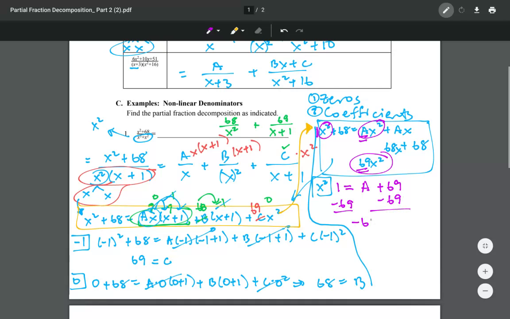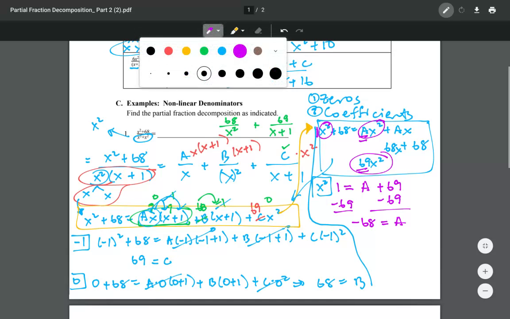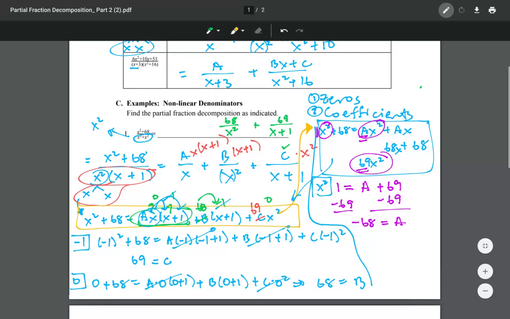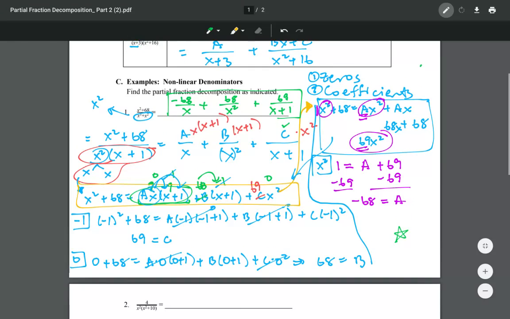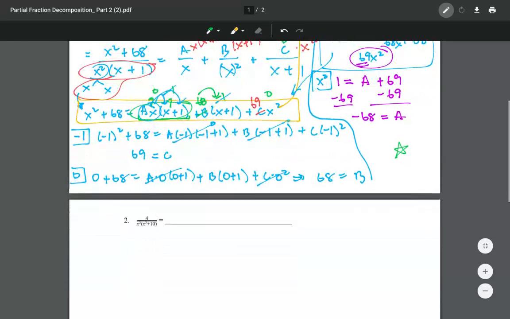So negative 68 is equal to A. Okay, don't worry, we're going to use this technique again, so you will get some more practice with it. So negative 68 over x, put a plus sign in between everybody, and there we go. Okay, so that second technique, comparing coefficients, we multiply out and then compare term by term.